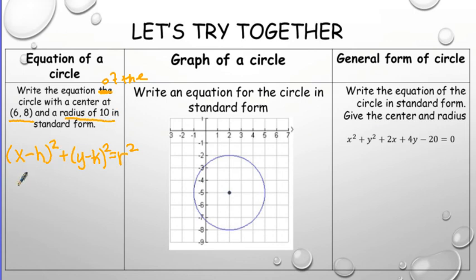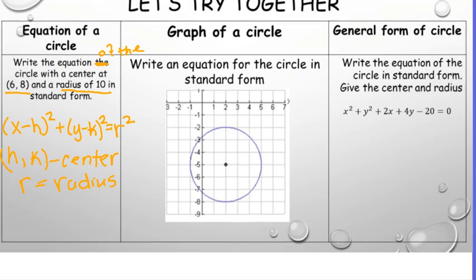So here, h and k is what we call the center of the circle, which is where the radius is coming out of, and r is the radius. So to use this formula, we're just going to substitute in. We already know the center is (6, 8), so that is h and that is k, and it goes h, k just like your ABCs.